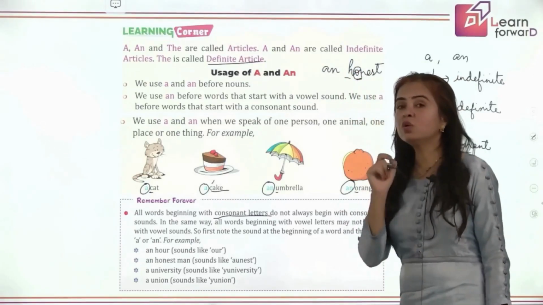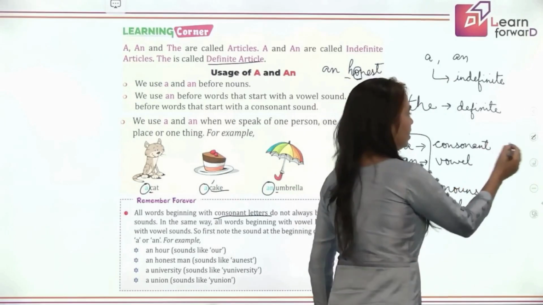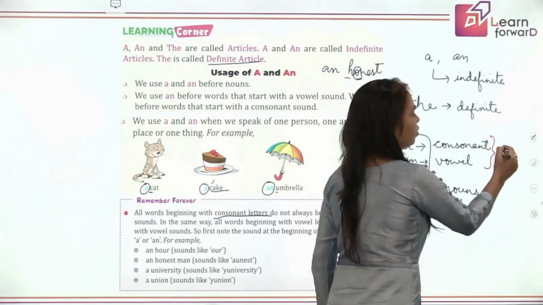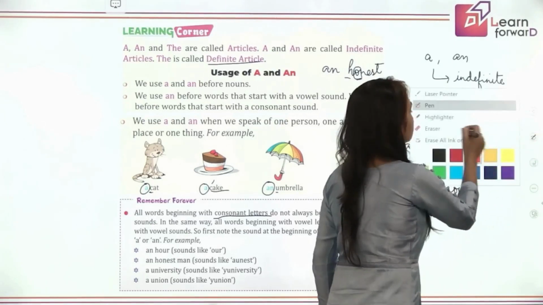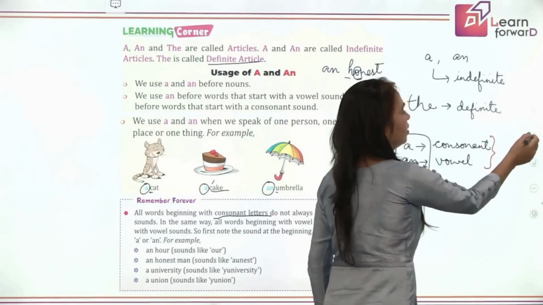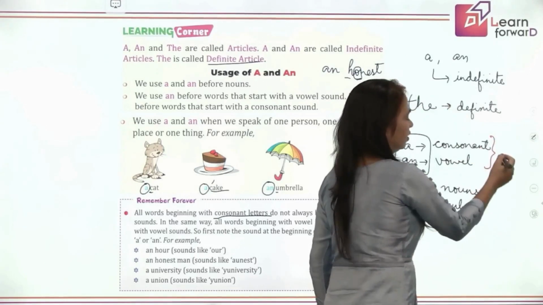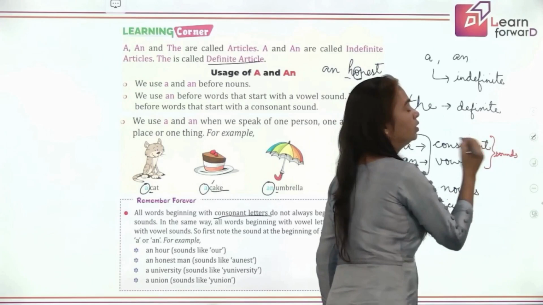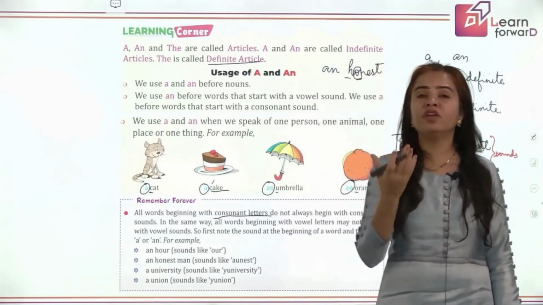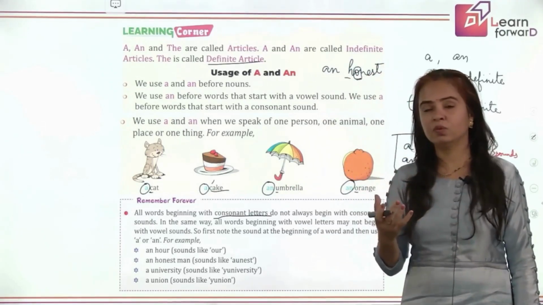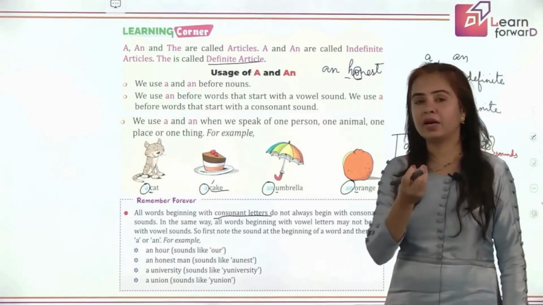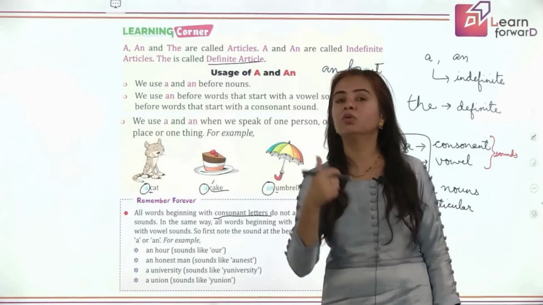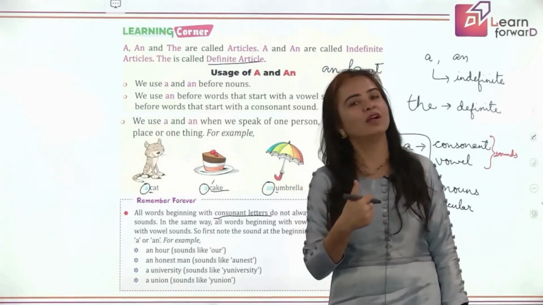That is why when we talk about consonant and vowel, we say consonant and vowel sounds. We don't say the beginning letter should be a vowel. It is consonant or vowel sounds. That means the way you start saying the word, the initial sound that comes out should be a vowel sound or a consonant sound. That makes the difference for use of a or an.